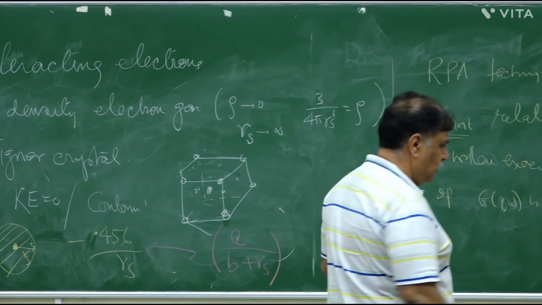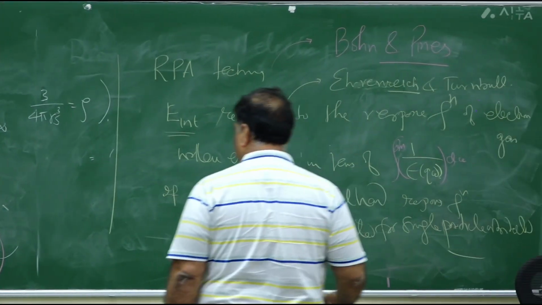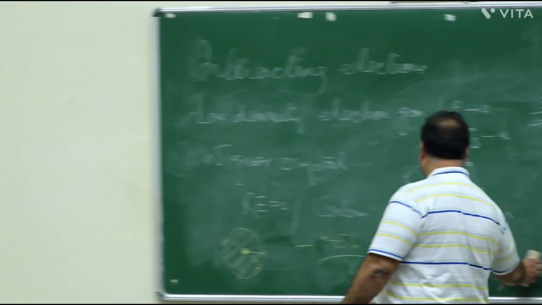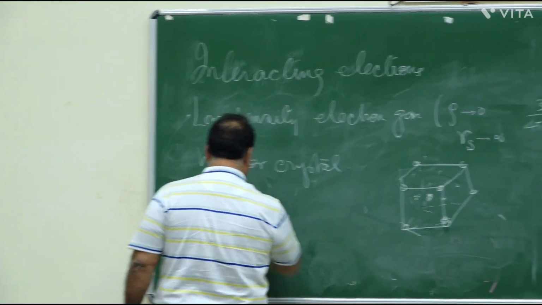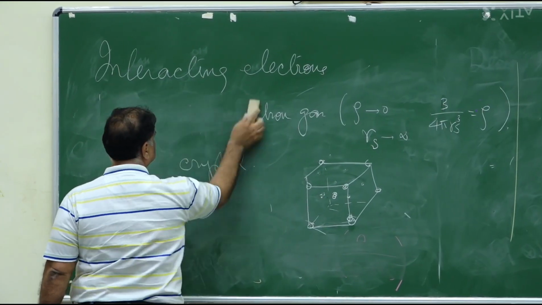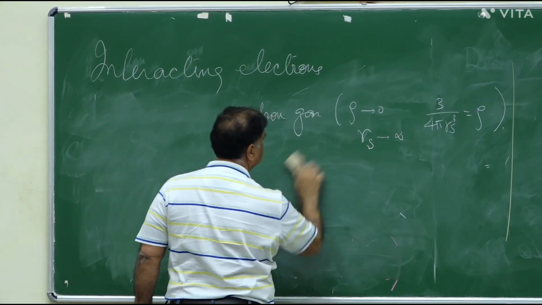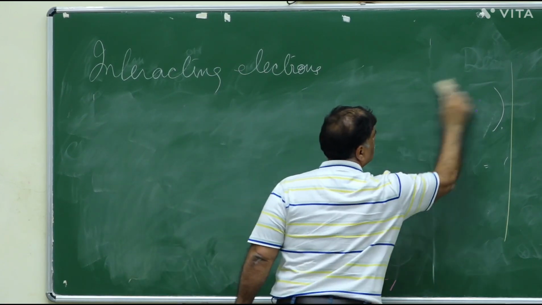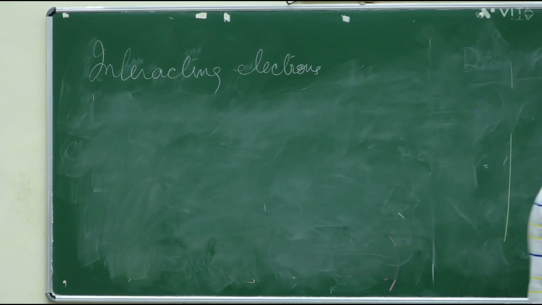Now, how does all this affect our everyday picture of life? I told him that without the Pauli exclusion principle we would be kind of going into the seat. Just like that, there are other phenomena where this correlation becomes important.